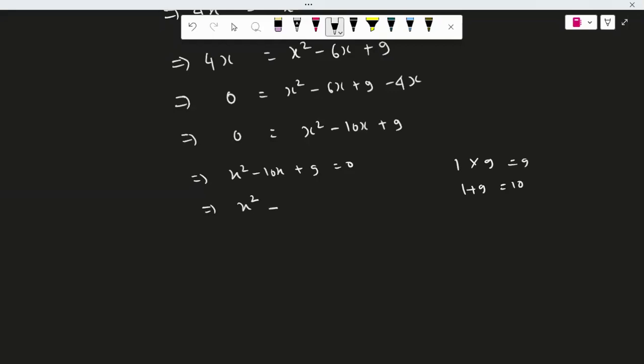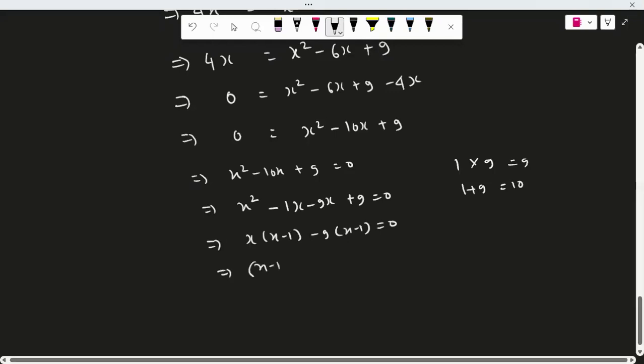So it will be minus 1x minus 9x plus 9 equals 0. Now x is common, and minus 9 is common. Now it will be x minus 1 and x minus 9. You can see that we have two values of x, that is 1 and 9.